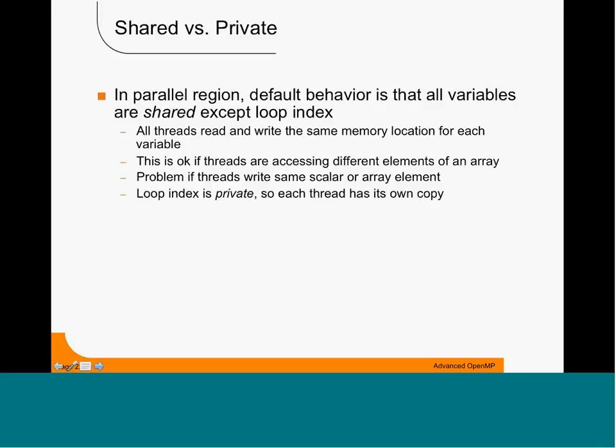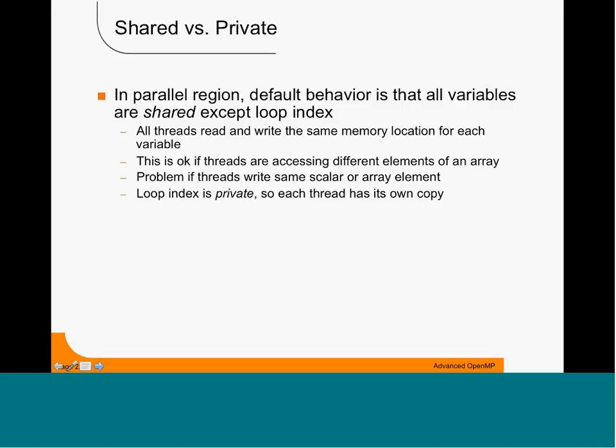So the default behavior is that all variables are shared. All variables are shared by all the threads, so that means you can write to the same memory location for each variable.